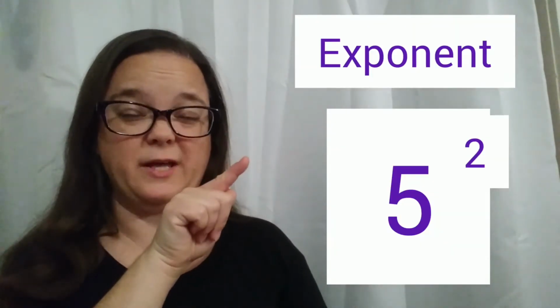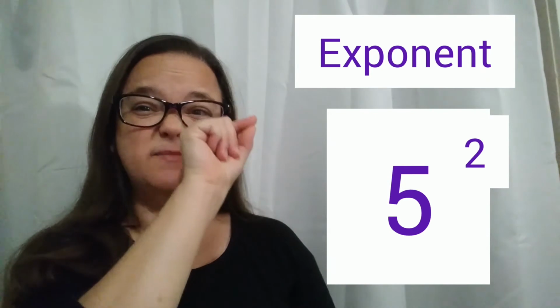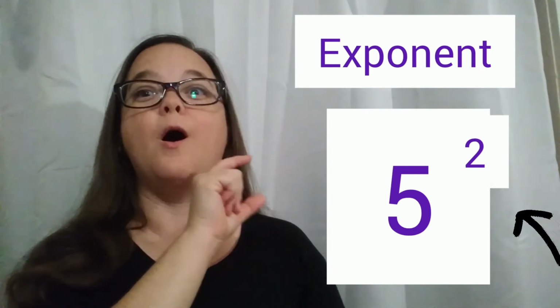Another type of number that we use in math is called an exponent. This is the small number with a big number, but the 2 and the 3 have a special name.